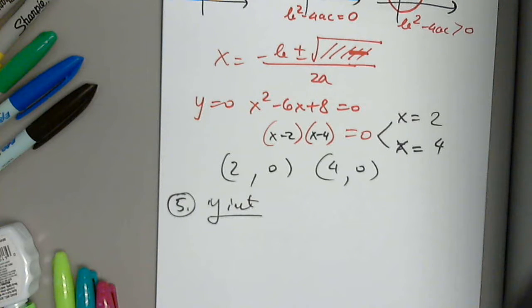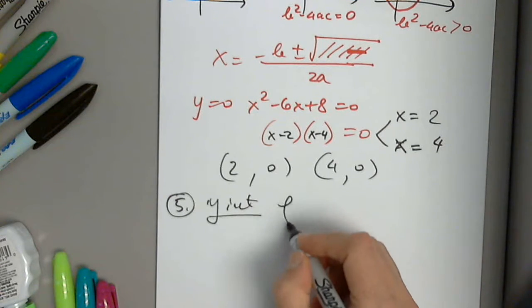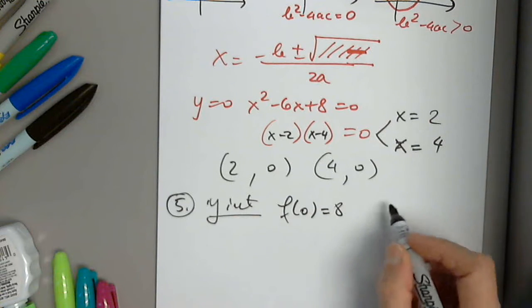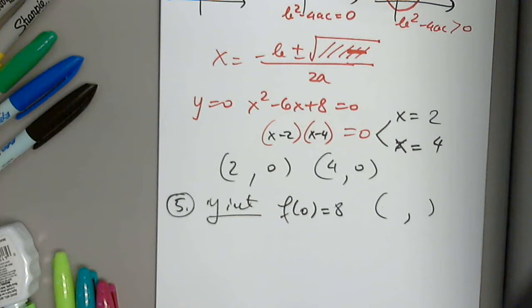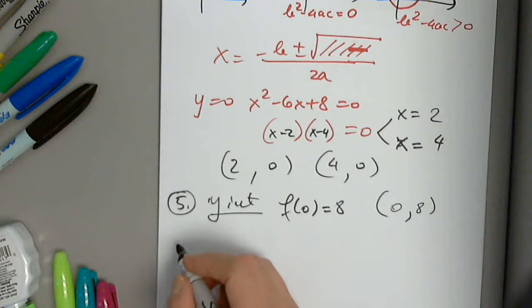Set x equal to 0. Let's do that. Okay, so f of 0 is 8. So the ordered pair is? Very good. 0, 8.